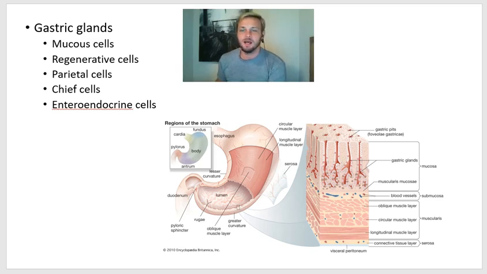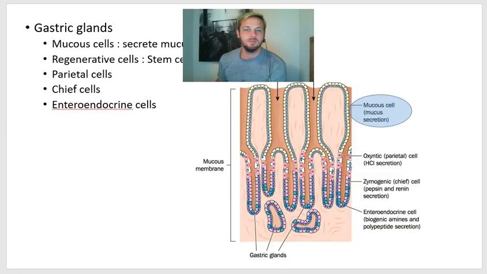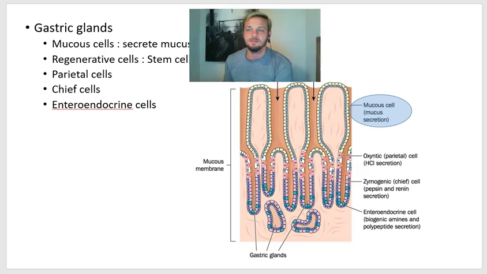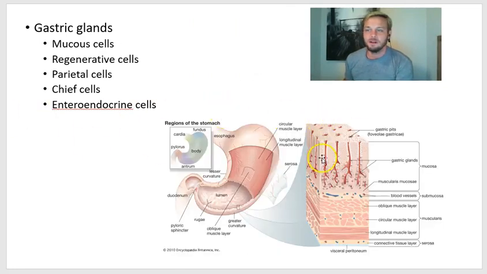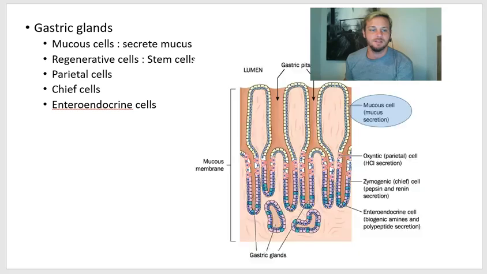The first thing I want to talk about here is going to be your mucus cells and your regenerative cells. If you look at how the stomach is set up here, you can see our gastric pits in this image, and they're lined with these mucus cells.